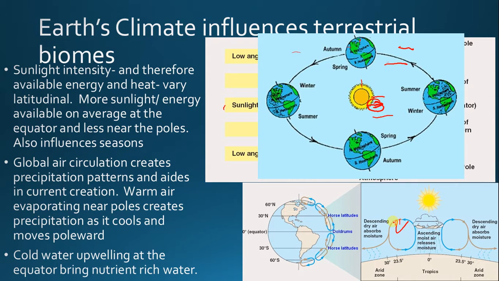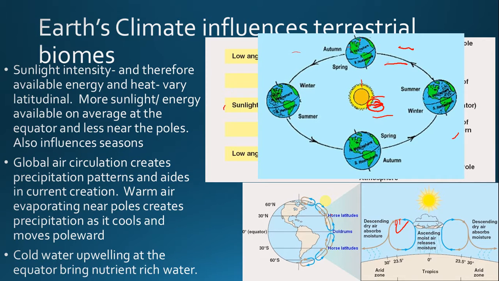And then that descending dry air absorbs moisture as it moves poleward. So this cycle creates what are called air cells, and you can see those circulation patterns on the Earth's surface, and they're what is responsible for many wind currents.